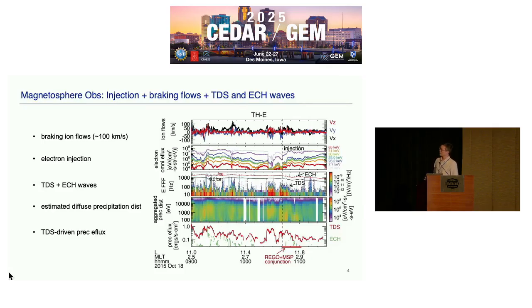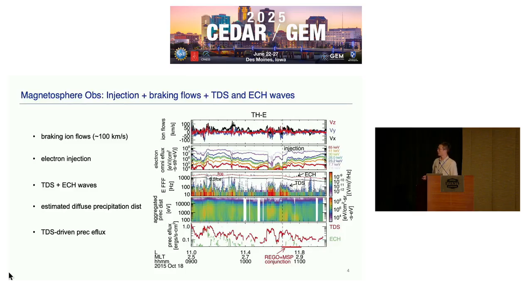So this is our observation. We have a conjunction between THEMIS and the REGO auroral imager, along with other different kinds of auroral imagers on the ground. This is an observation from the magnetosphere, the panels from top to bottom. Here you see fast flows in the magnetosphere. Focus on this part.